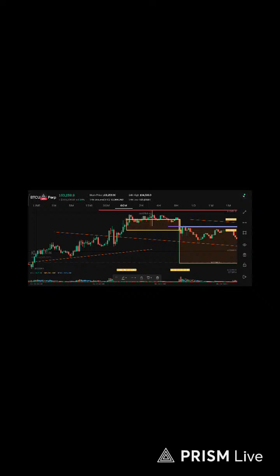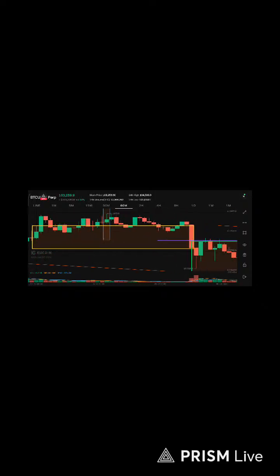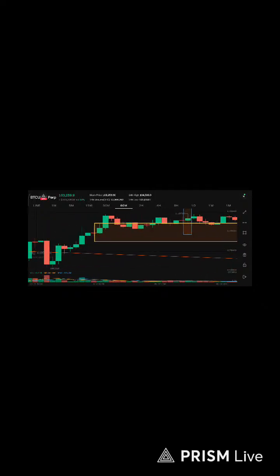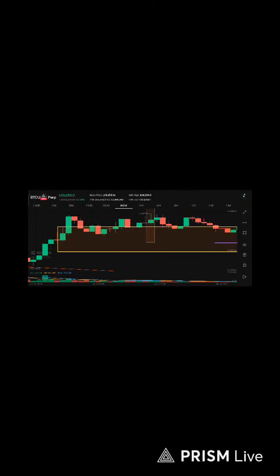That is another confirmation. And the third one is for you to search for the shooting star candle. It has a small bottom wick with a long wick at the top. Have you seen it?